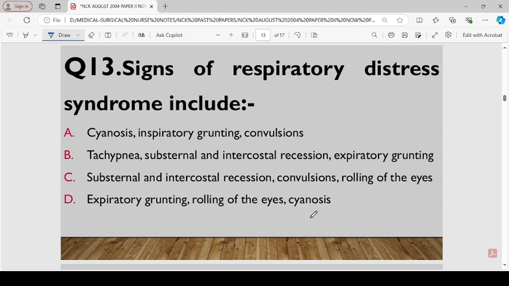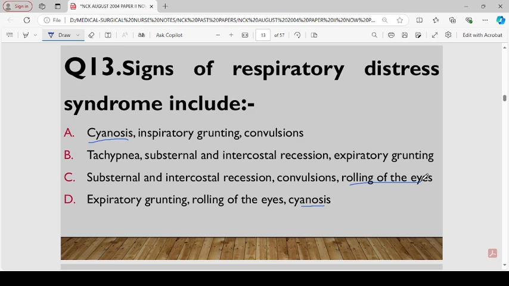Signs of respiratory distress syndrome include... distress syndrome is an emergency, right? So no need for the cold signs, right? Cyanosis is a sign of a cold case, yet this is an emergency, right? So cyanosis makes most of our answers wrong here. Respiratory distress, rolling of the eyes might not be a direct sign, right?